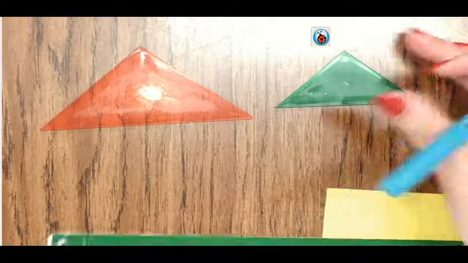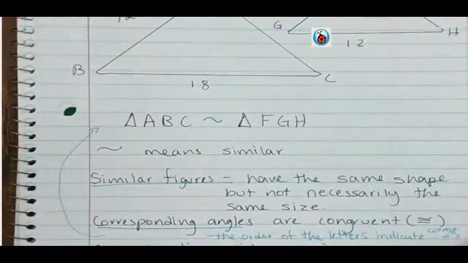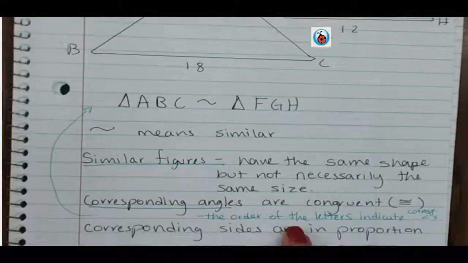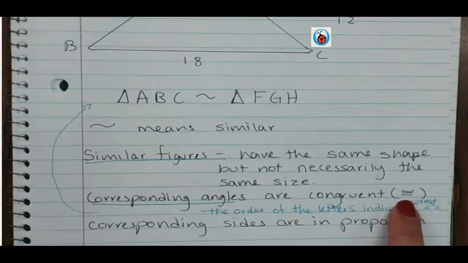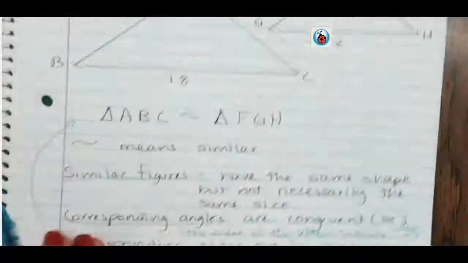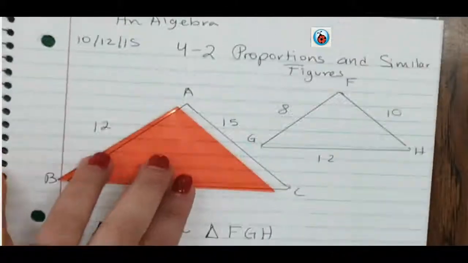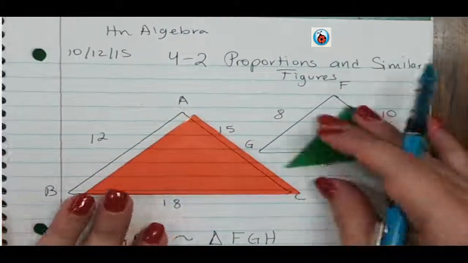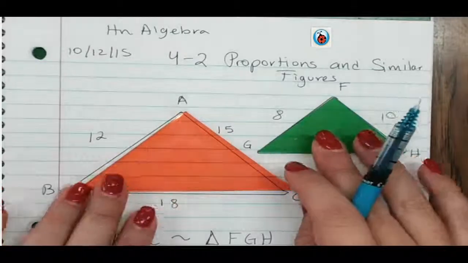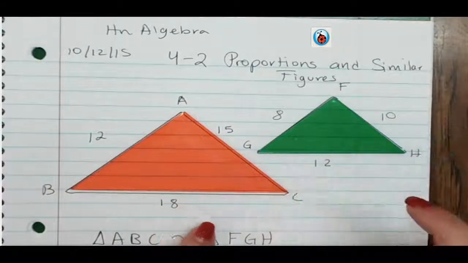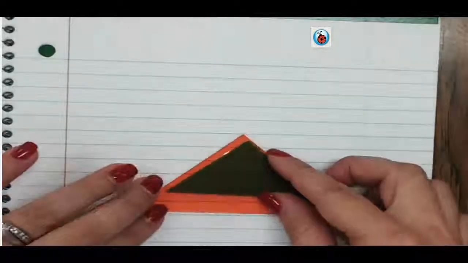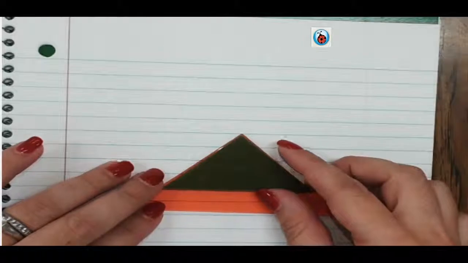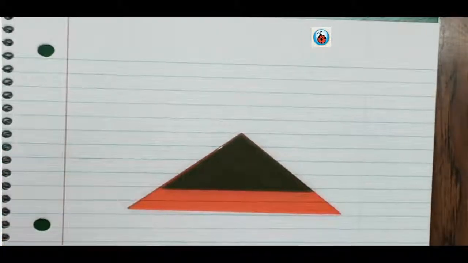Okay. Now, corresponding angles of similar figures are congruent. This is a symbol for congruent, and that means that they're equal. So that means that angle A is equal to angle F, and angle B is equal to angle G, angle C is equal to angle H. Now if I take these triangles and I place them one over the other, can you see how angle A and F measure exactly the same?